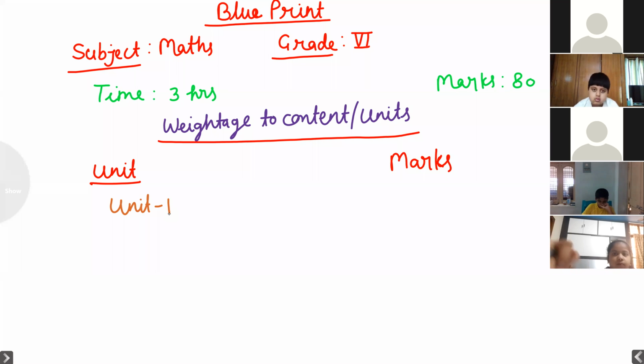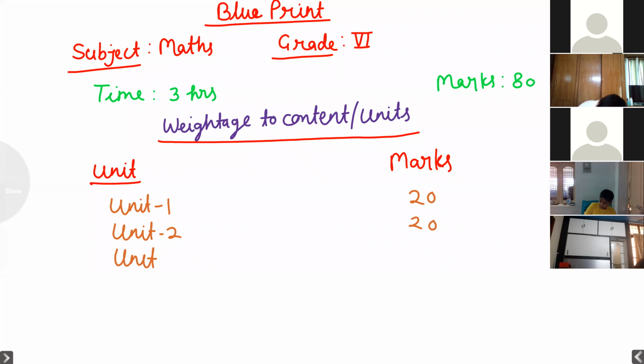Unit 1, 20 marks. Unit 2, 20 marks. Unit 3, 40 marks. Total 80 marks paper.